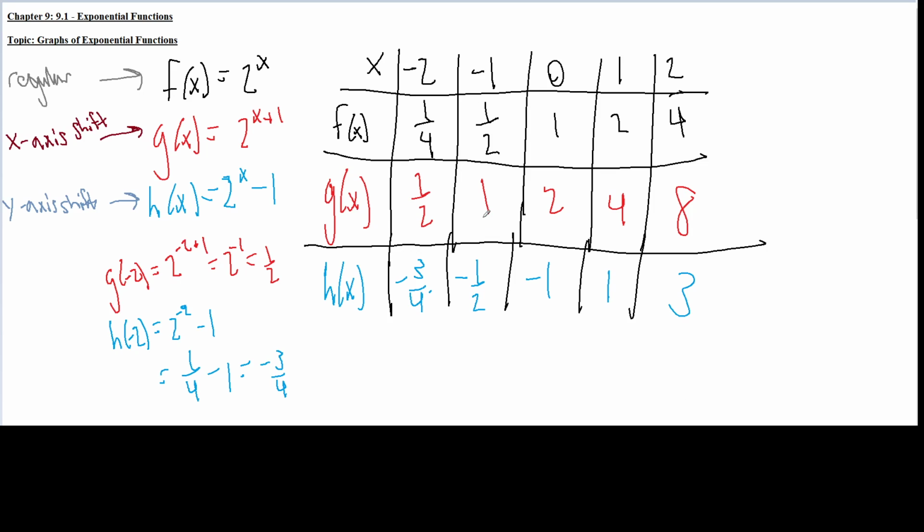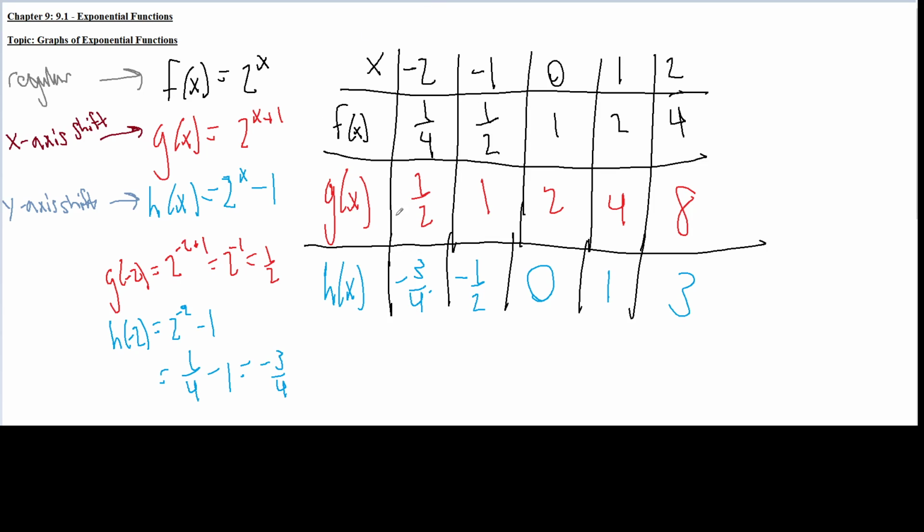Let's check: 2 raised to the -1, that's 1/2 minus 1, yep, -1/2. 2 raised to the 0, that's actually 1, not -1, so this should be 0 right here. It's a good thing that I'm checking this. That's 0. And then 2 raised to the 1, that's 2, minus 1 is 1. Yep, okay, I think it's all good right here.